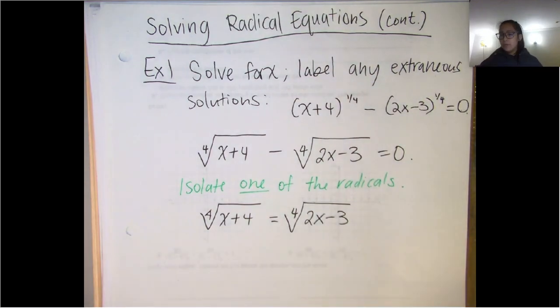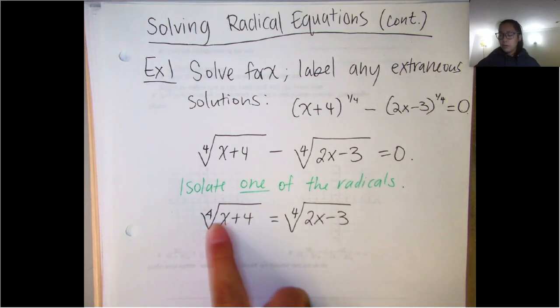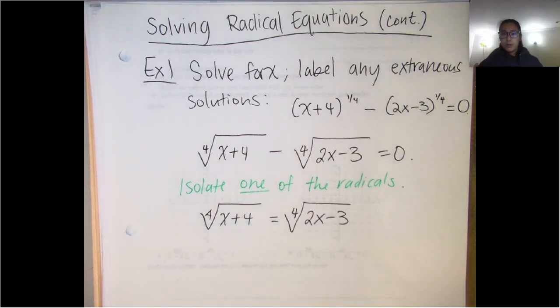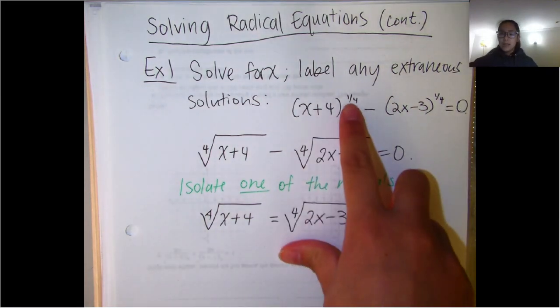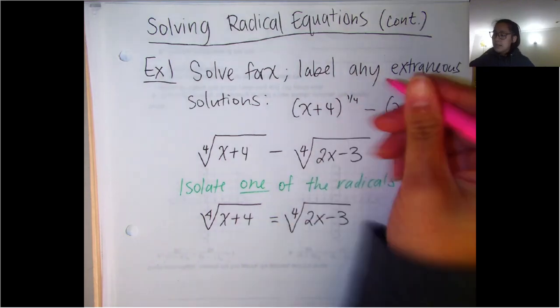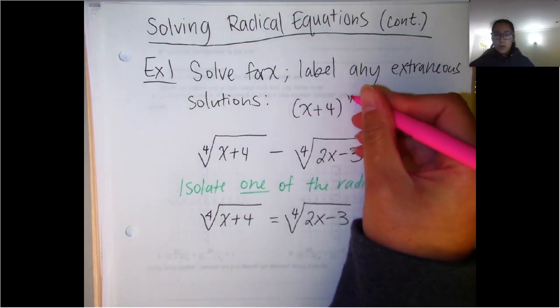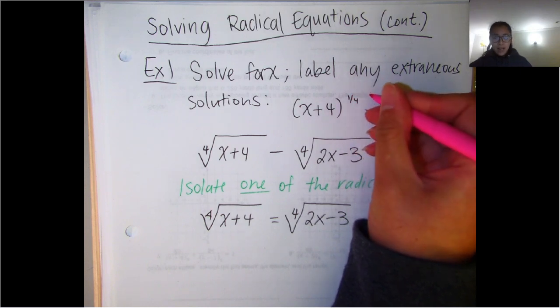Whichever radical you isolated, you want to undo. So we want to undo this fourth root, and in order to undo a fourth root, you take everything to the fourth power. That makes sense because it's like undoing that exponent. If you took this all to the fourth power, you would have an exponent of 1/4 and then times 4.